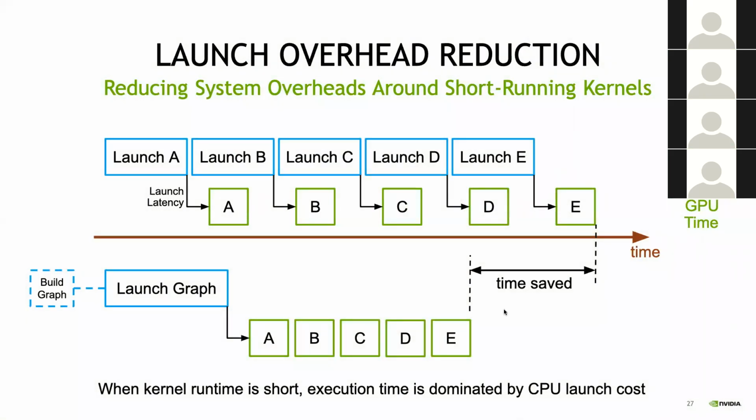So this is actually a slide that we saw in the beginning. And we are looking to reduce system overhead around launching short-running kernels. And hopefully this slide makes a bit more sense now than it did when we first saw it, from the examples and the actual code and API.